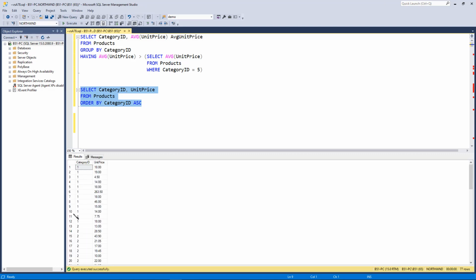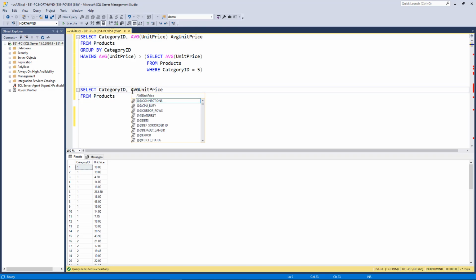We have 12 rows of category 1, and this is the entire unit price they have. Now what we want is only one row per category ID, and the aggregate field will be average. We write here AVG and call it average unit price.